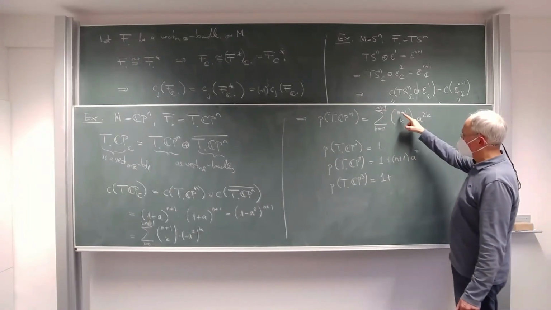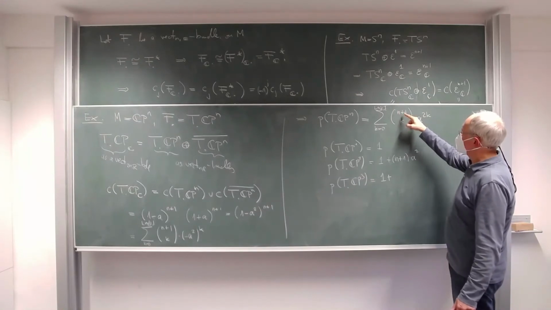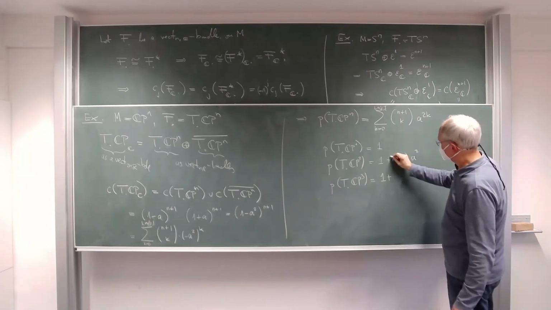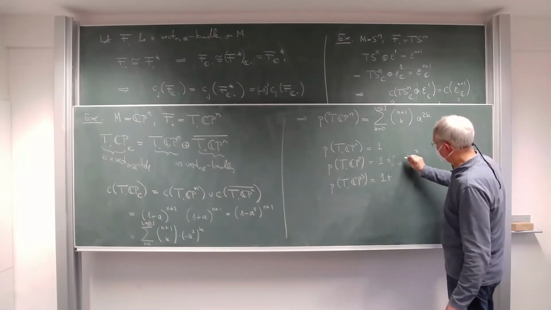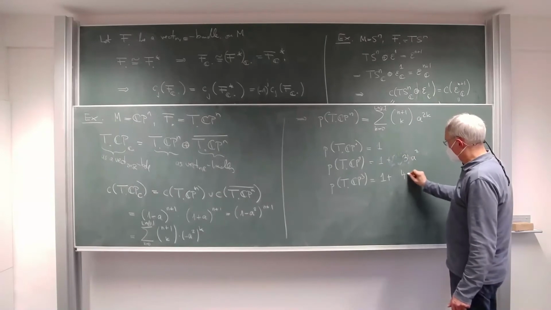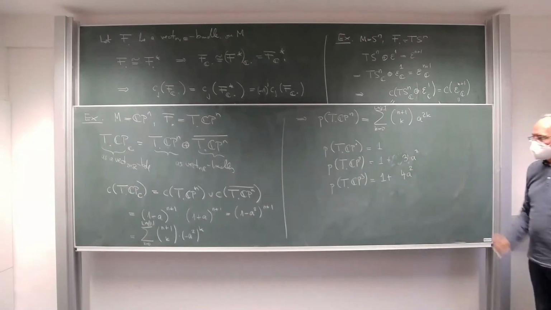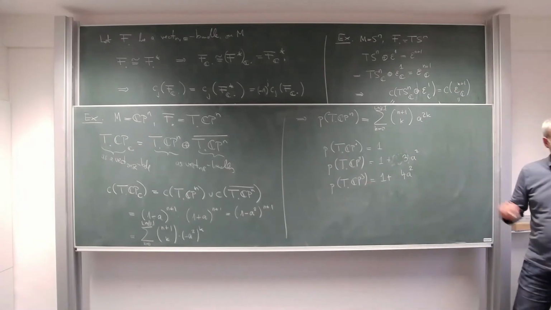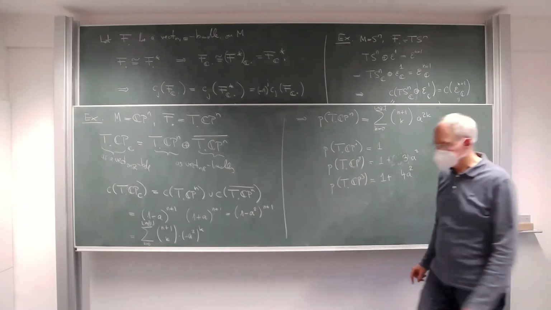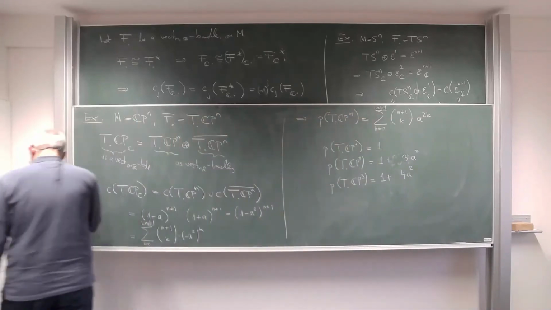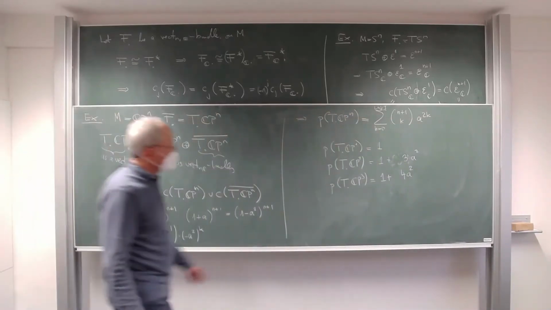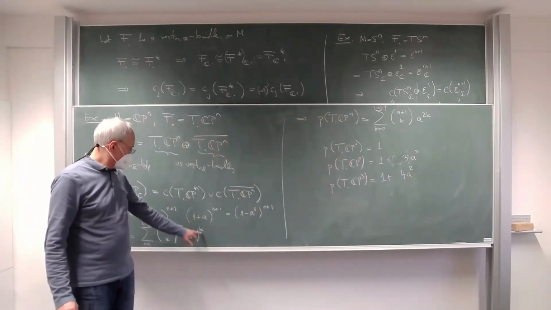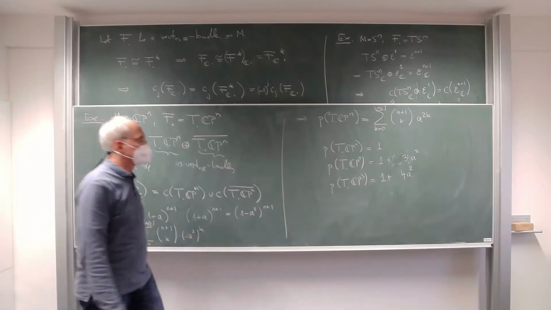And then here we have to take 3 plus 1 is 4, choose 1 is 4, oh, I forgot the 3, this is 3, this gives me 4 times a squared, and nothing higher, etc. And in case of CP4, there would also be an a to the fourth power term, corresponding to k equals 2.